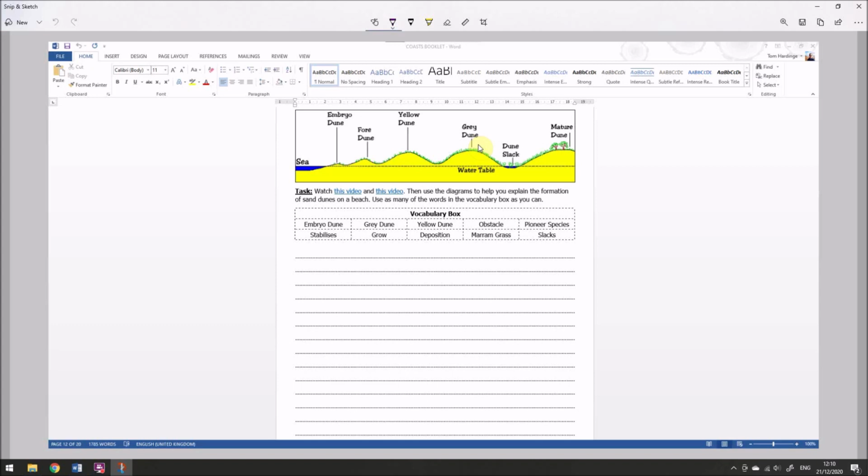The first thing that needs to happen for the formation of a sand dune is that an obstacle needs to be deposited on the beach. That could be in the form of some seaweed or a bit of driftwood. So let's start by explaining that.